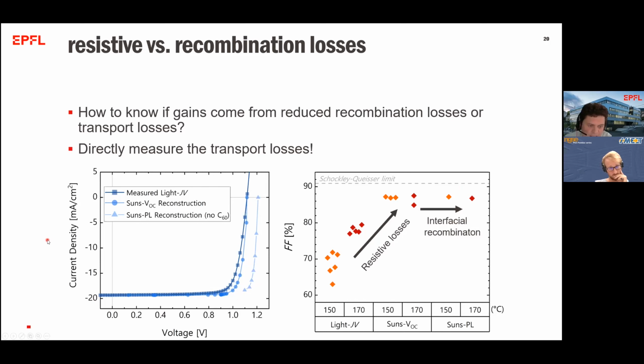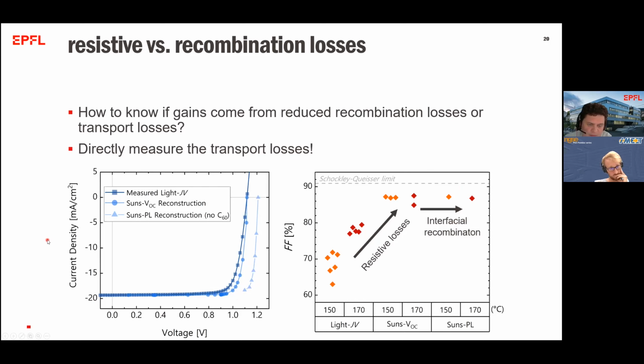I think for tandem applications, if you're not able to remove C60, there will be, apart from the cost issue, we'll never reach the full potential of the perovskites. But this we'll have to solve another day.